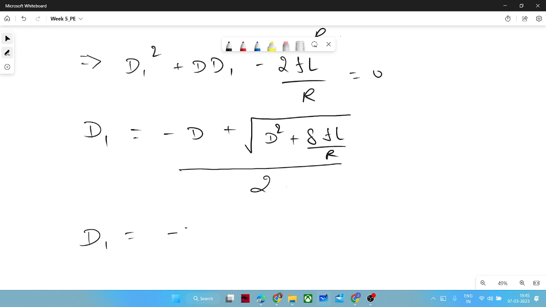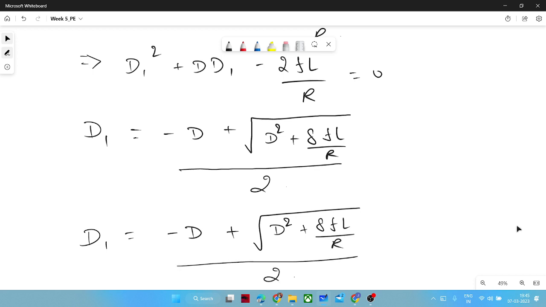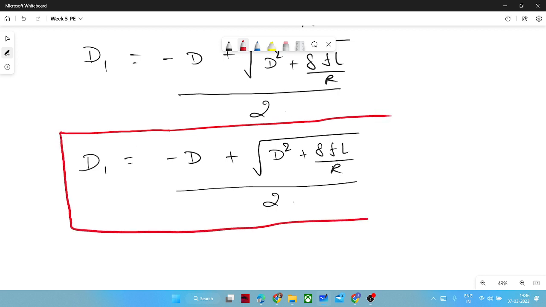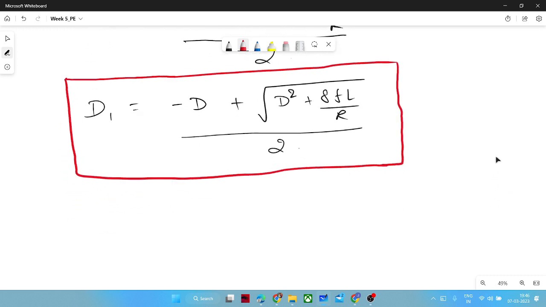D1 is minus D plus square root of D square plus 8FL by R, divided by 2. So this is your D1 in terms of D. Any doubt in this?